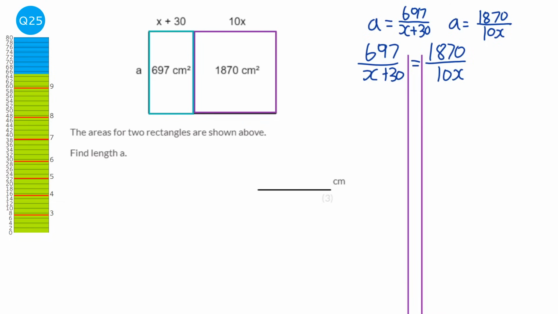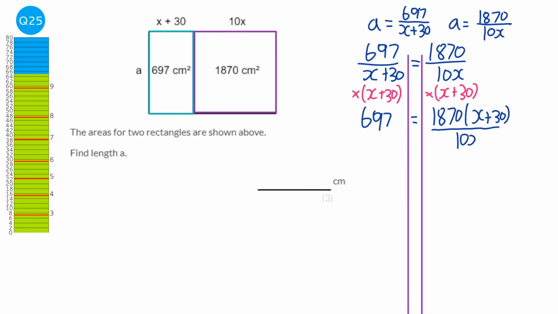I'm going to times both sides by the x plus 30, so I can get rid of the denominator on the left hand side. So this will just be 697 on the left hand side because that gets rid of the denominator. And it will be 1870 times x plus 30, and then all of that over 10x.